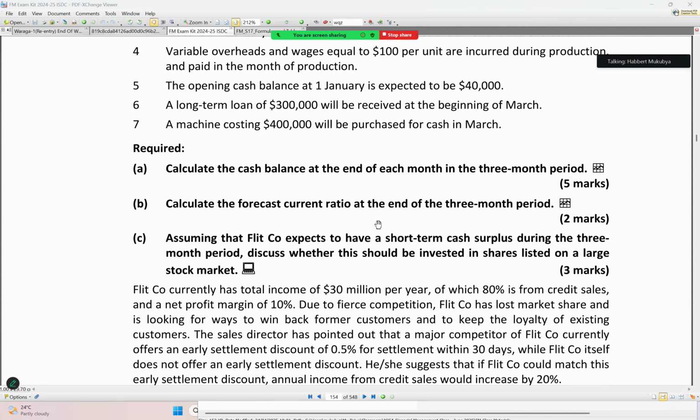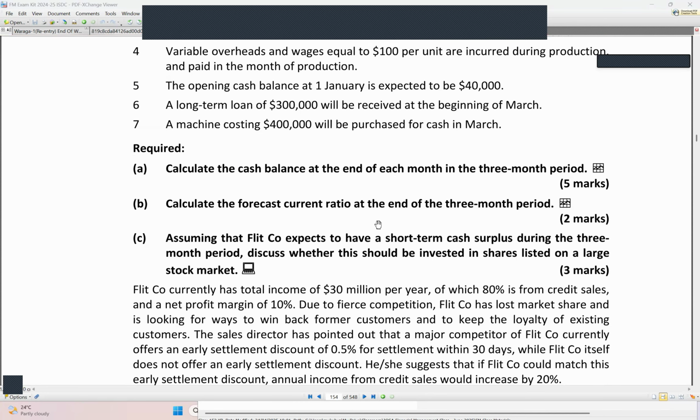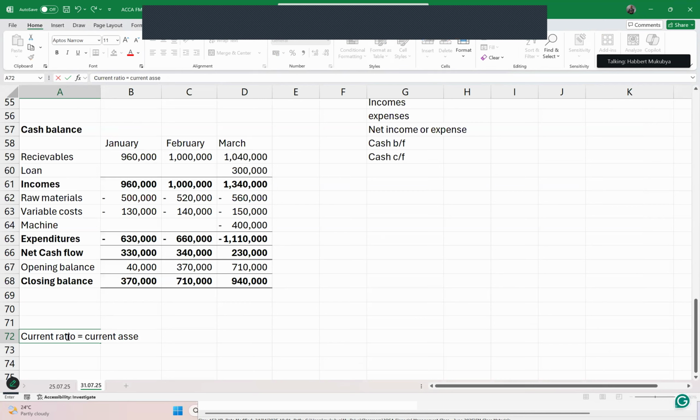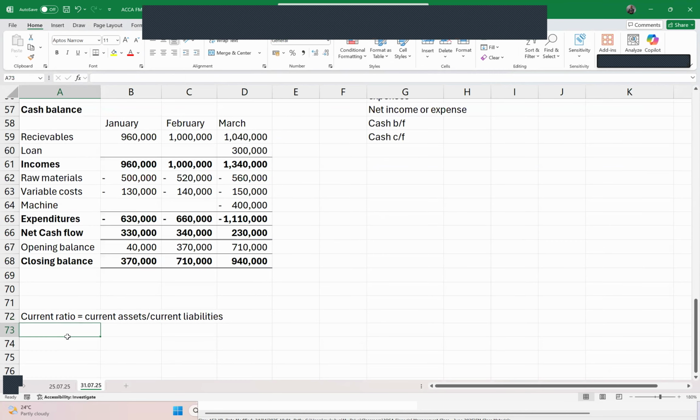Now, how do you calculate current ratio? So current ratio is equal to current assets over current liabilities. So we need to know what are the current assets, what are the current liabilities.